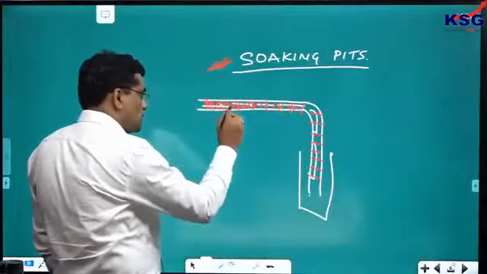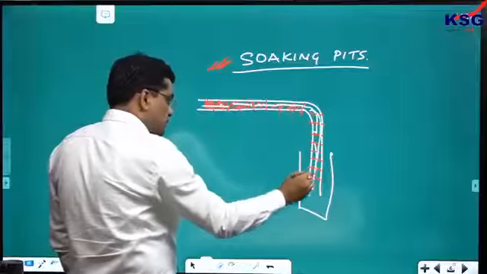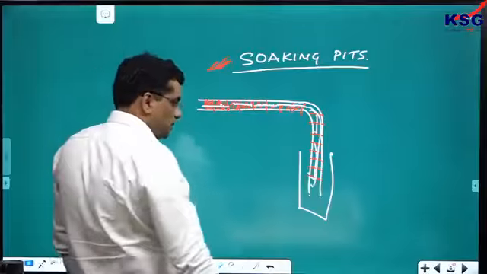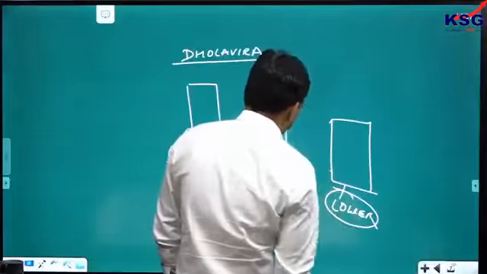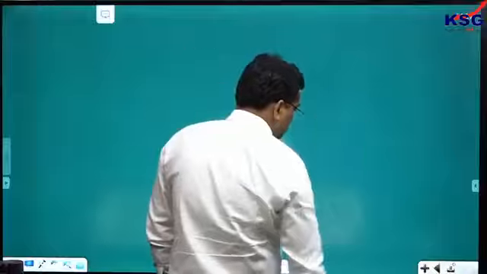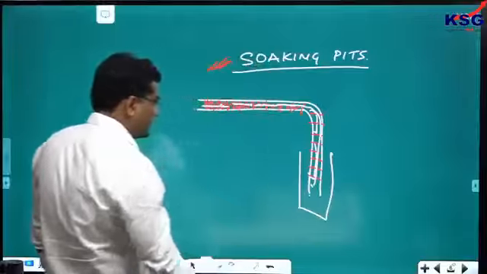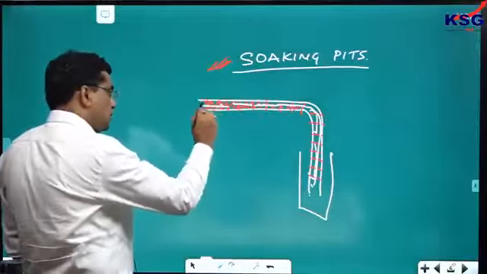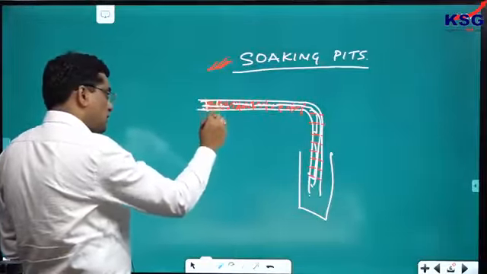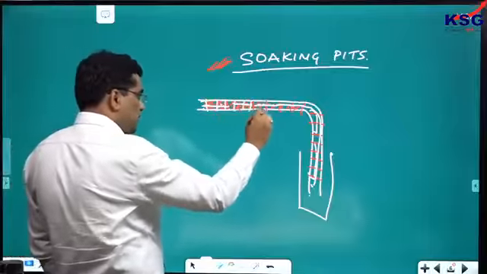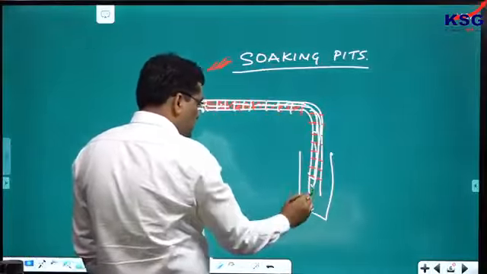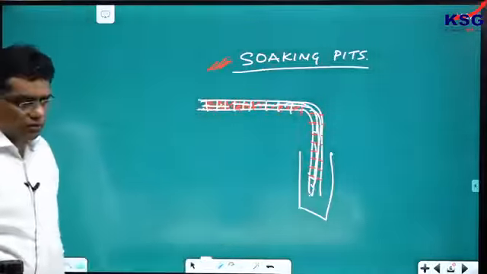I told you the drain was connected to soaking pits. What are soaking pits? All the drains were covered with slabs, and the dirty water went directly into the earth. This is soaking pits.